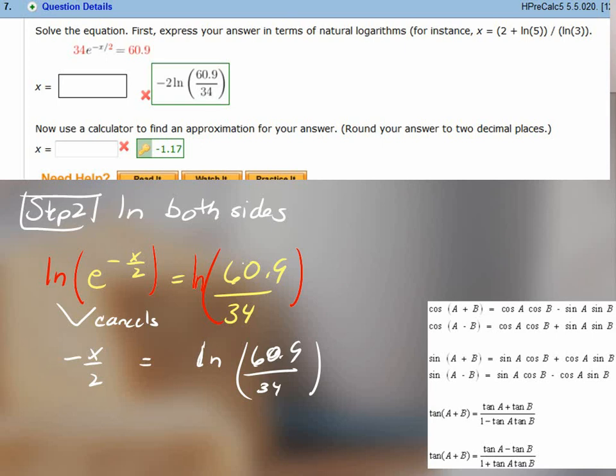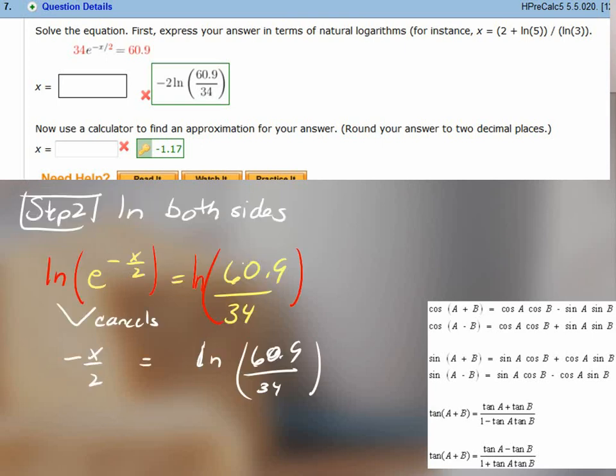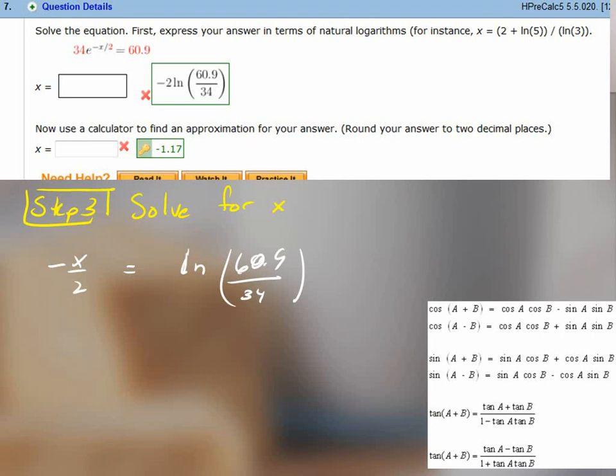Now how do I get that x by itself? What do I have to multiply both sides by to get that x by itself? Negative 2, both sides. So I copied it. Now I'm going to solve for x by multiplying both sides by negative 2, because to get x by itself, I need these two to cancel.